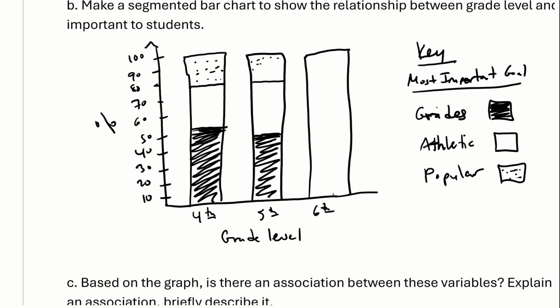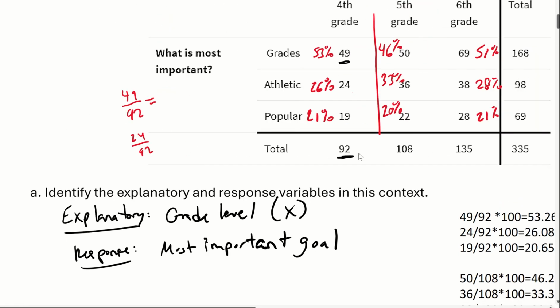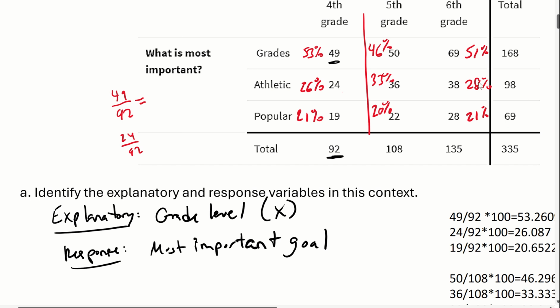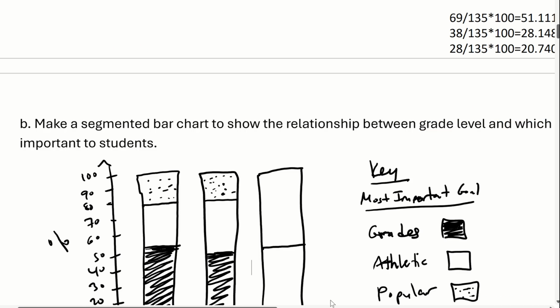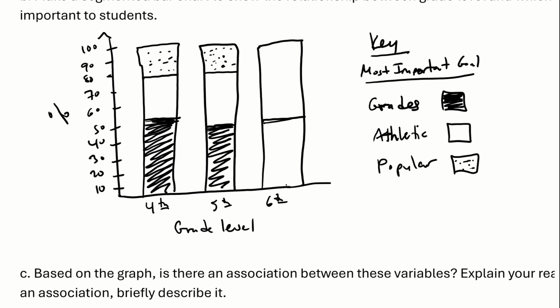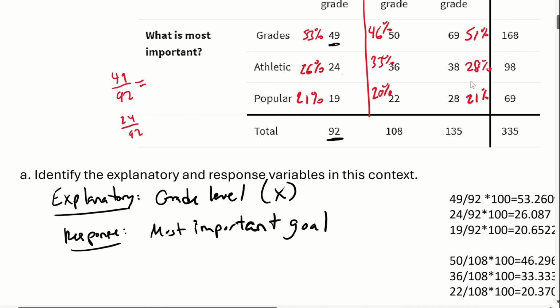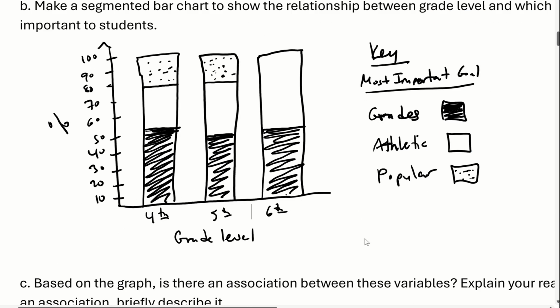And here we go, we got the polka dot here. And then for 6th grade, we got 51%, then 28. So 51%. And then the other one, so that was 51, now it's 53. So this one's a little bit lower. And then we got 51 plus 28 is, again, 79.